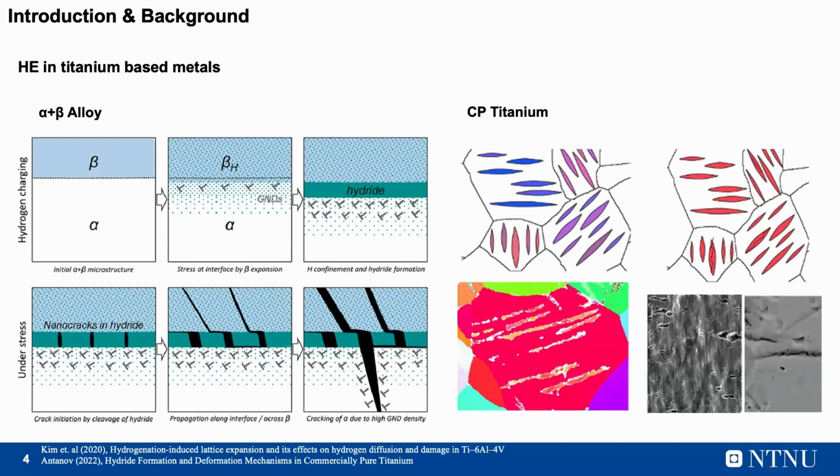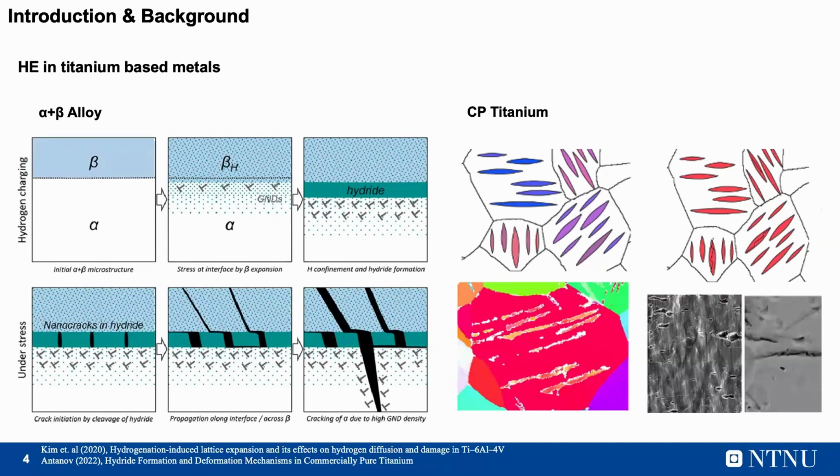Due to the lattice expansion coming from this hydrogen diffusion, nanocracks can occur and propagate through both the alpha and beta lattice as well. Also, these titanium hydrides can form within the lattice or within the grains in lamellar form, which again has a brittle structure and initiates fracture under the applied stress.